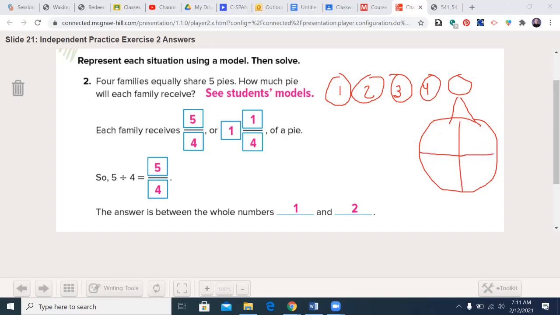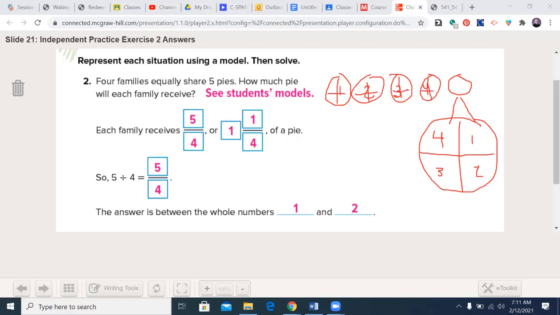So here's our section of pie now. Family 1 gets this section. Family 2 gets this section. Family 3, this one. And family 4, this one. So each family got, and if you picture these, each of these pies can be considered in fourths.